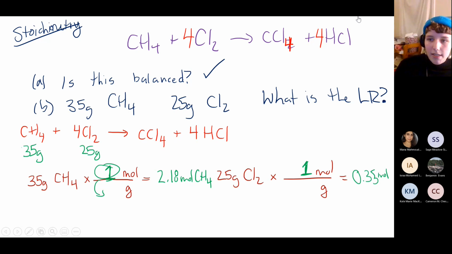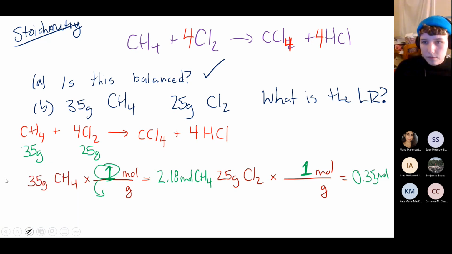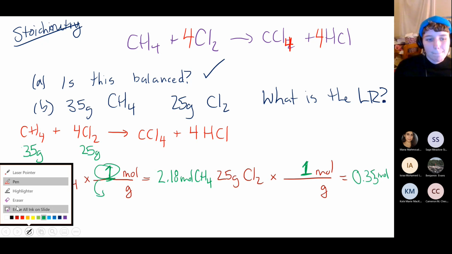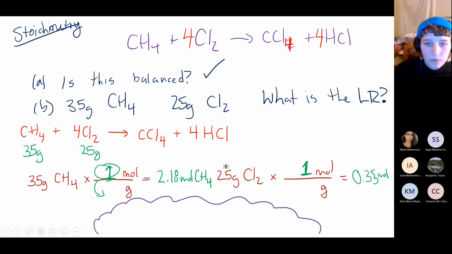All right, so now what do we do is once we have the moles, right? Now you do a little switcheroo, right? You divide something by something. What do we get?